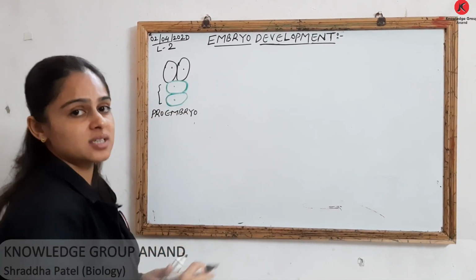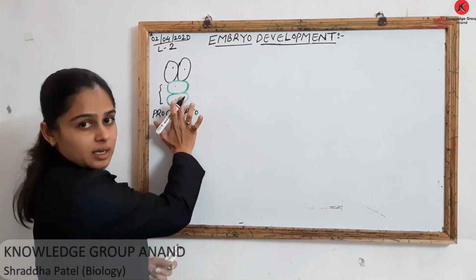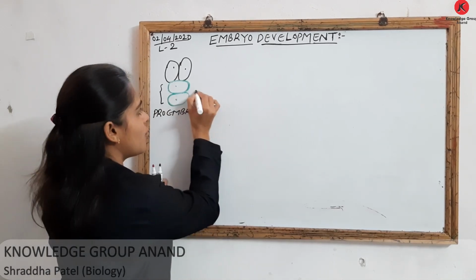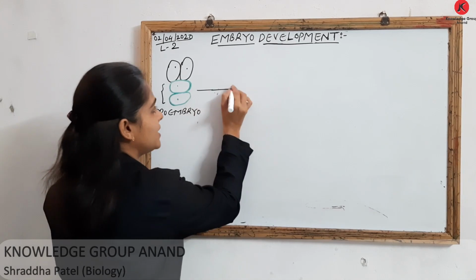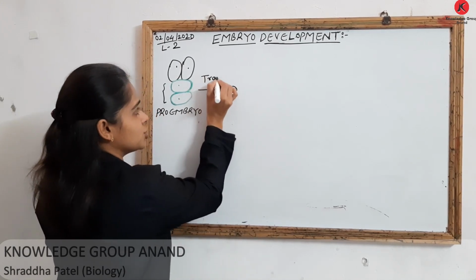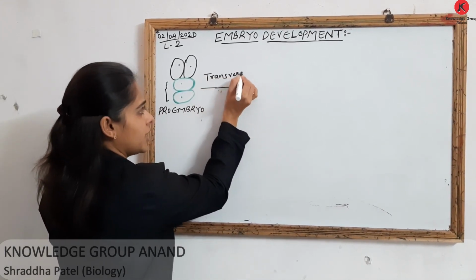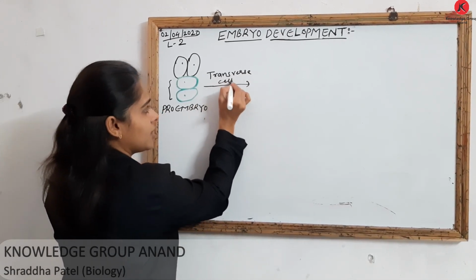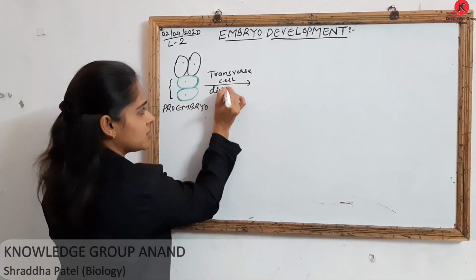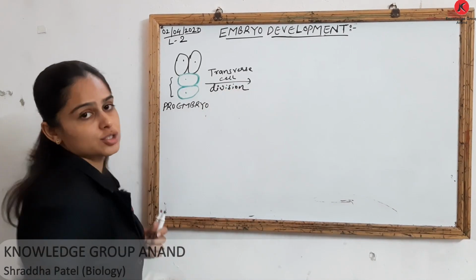Now, what happens? This basal cell undergoes many transverse cell divisions, okay?